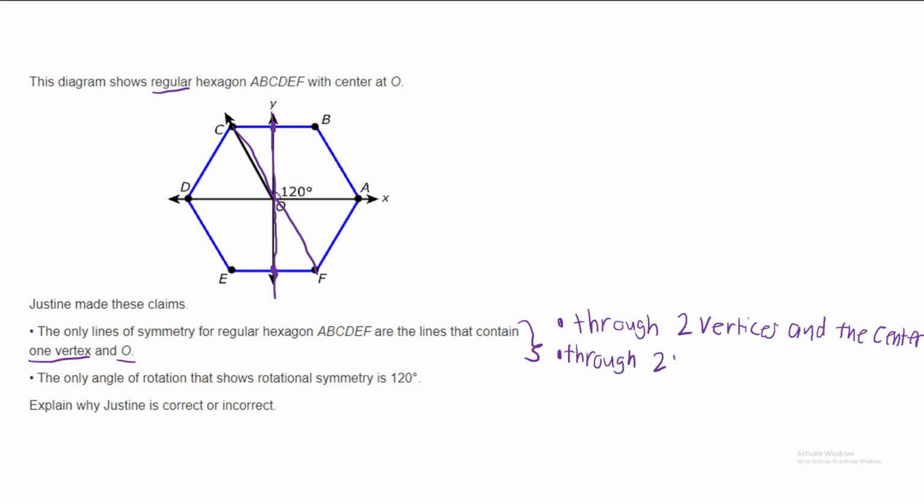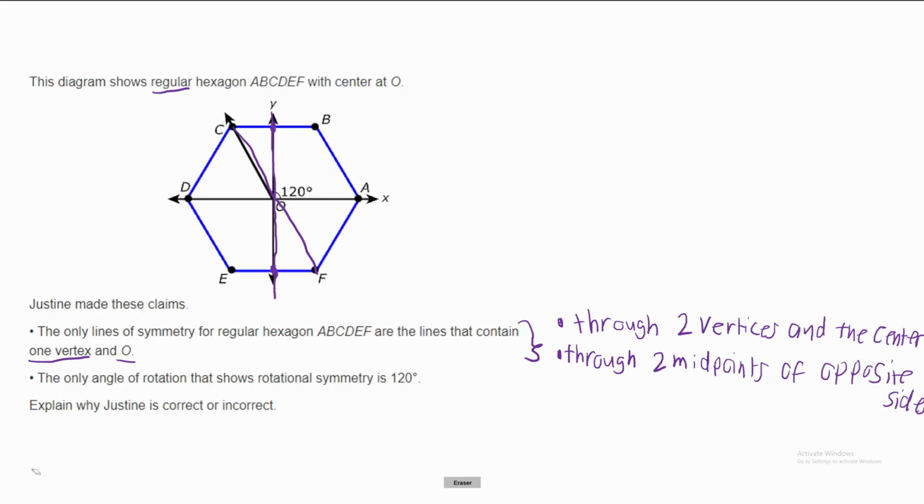So through two midpoints of opposite sides. That works. Opposite sides, that should say down there. So through two midpoints of opposite sides, right? Now we could do that for any direction, but they're all going to work. Those are the lines of symmetry. So that's where she messed up there.